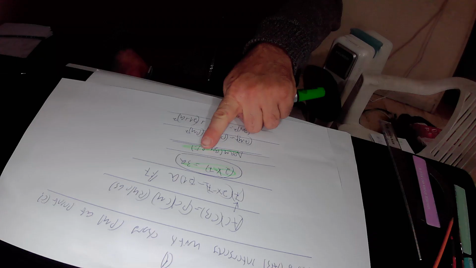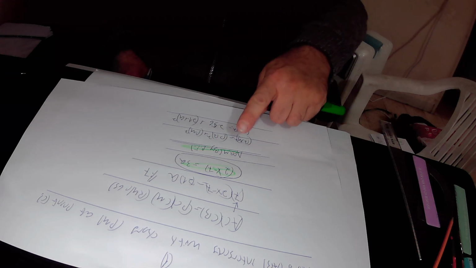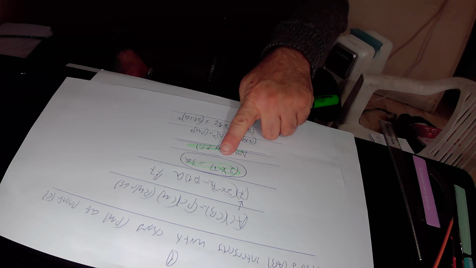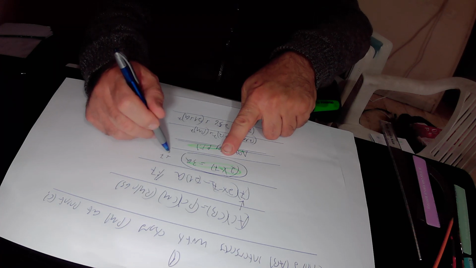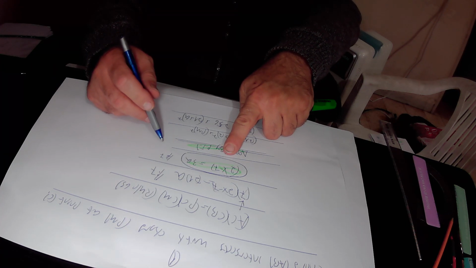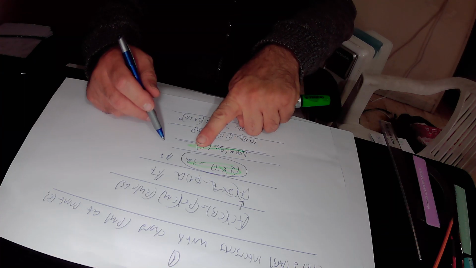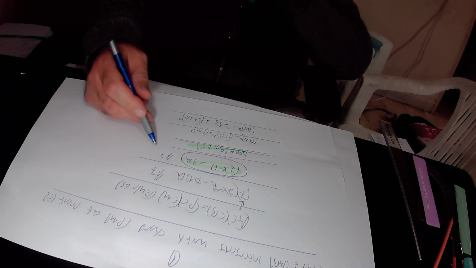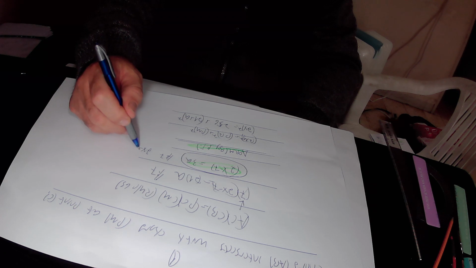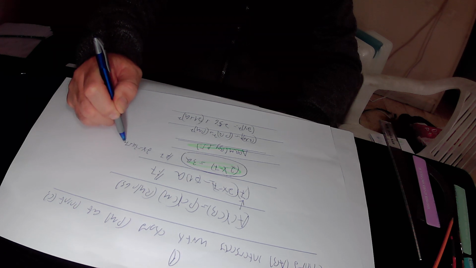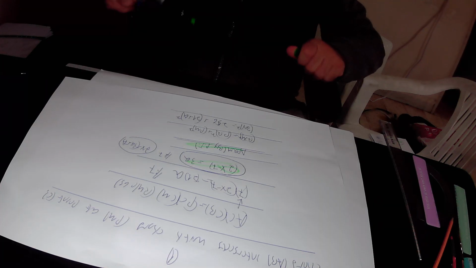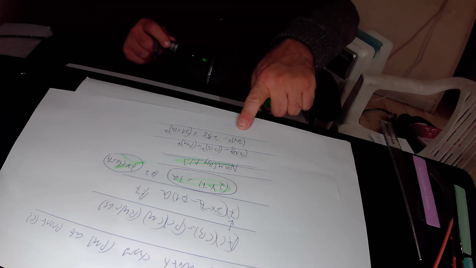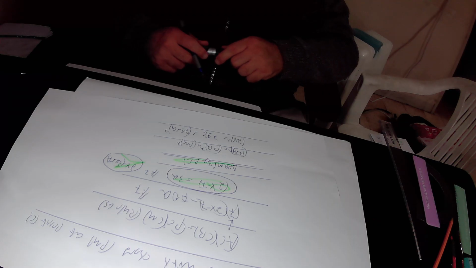But we already found out that 2x, here we'll add 7 to this equation. And we get that 2x equals 3a plus 7. Therefore, we can substitute 2x in this equation by 3a plus 7.